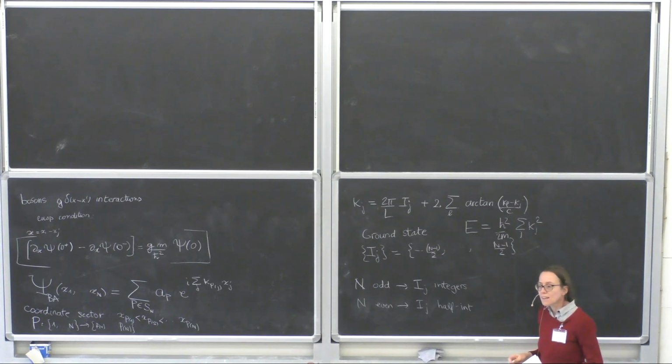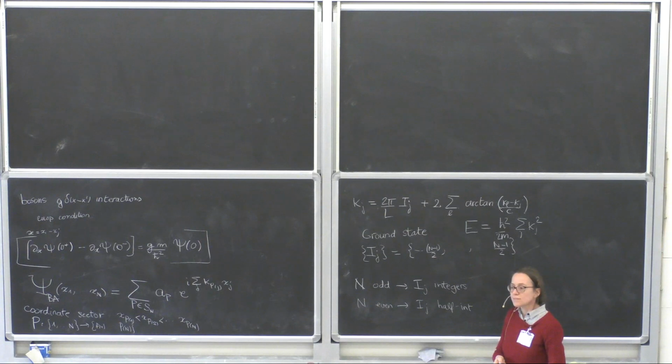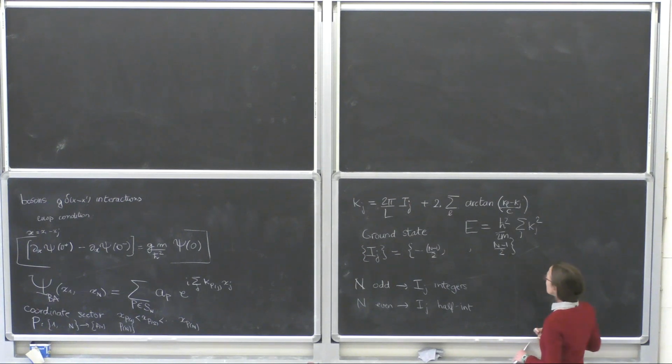In fact, the question was, if you take Ij and you change only one of the Ij to an excitation, will it change all of the kj because you are changing one of the terms, or does it change only one kj?